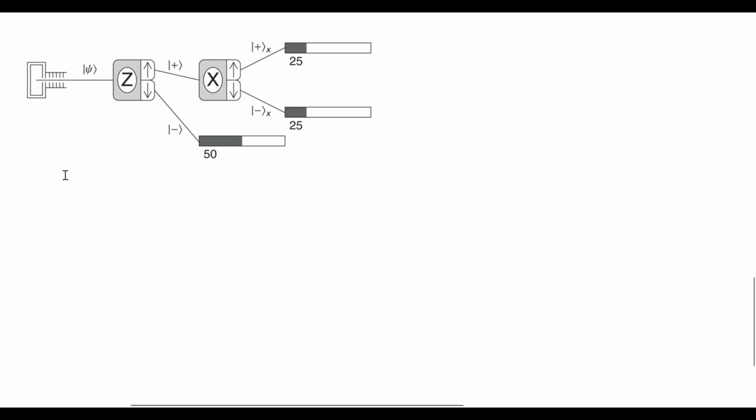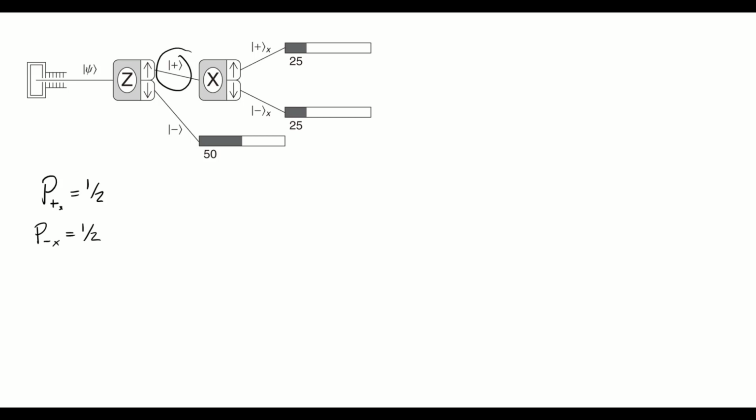So just to write that out, what that looks like is the probability of measuring a spin up in the x direction was equal to 1/2, and the probability of measuring a spin down in the x direction was 1/2. And that was both with the input state of spin up in the z direction.